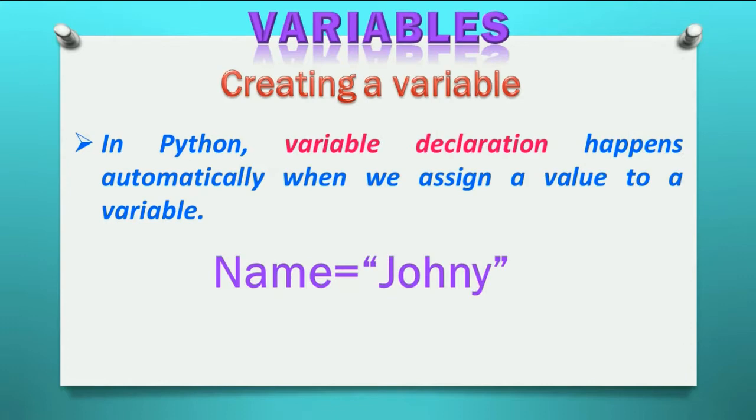So here name is a variable which is placed in the memory and holds a value, and that value is Johnny. Another example: roll_number is the name of the variable, that is the identifier, and the value 5 is assigned to the variable. So we can see here a variable is nothing but a container which holds a value in the memory.